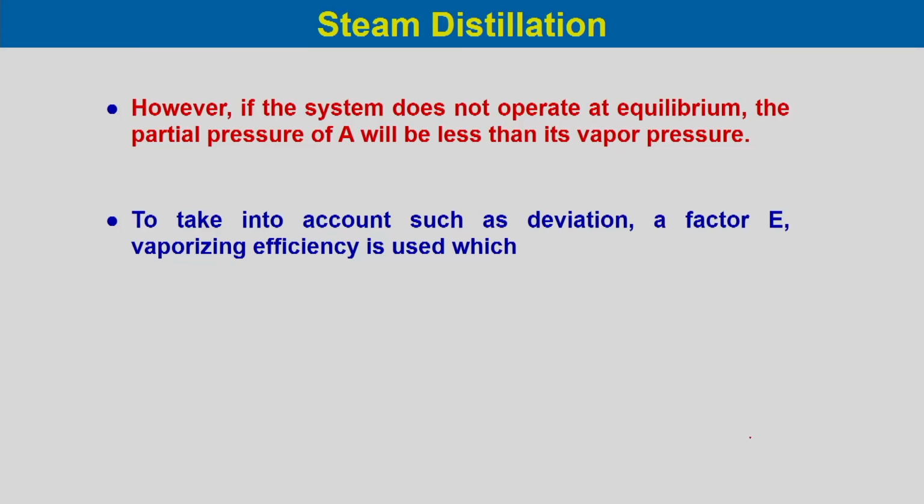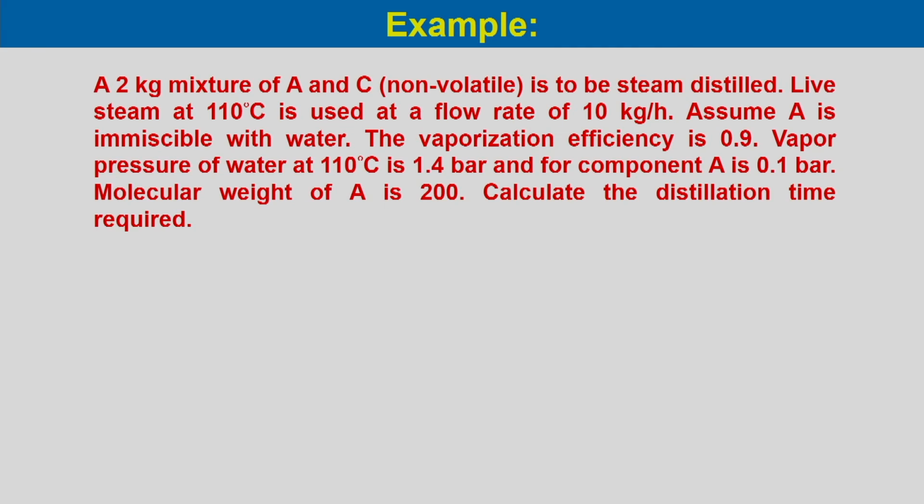So, to take into account such a deviation, a factor E, the vaporizing efficiency, is used, where PA, the partial pressure of A, would be equal to E into PAV, the vapor pressure of component A. Therefore, MA would be equal to MB into EPAV divided by PT minus EPAV. So, now let us take an example to solve steam distillation problems.